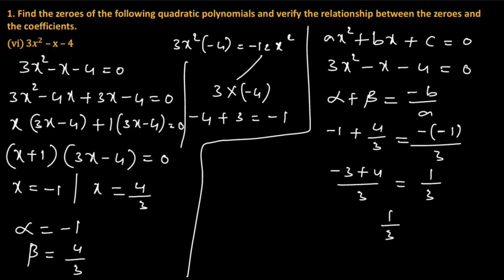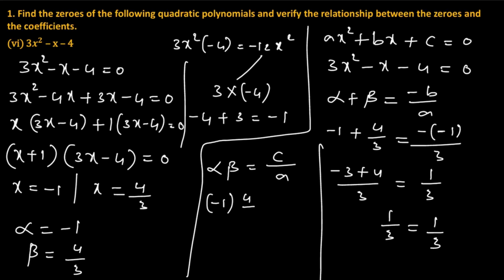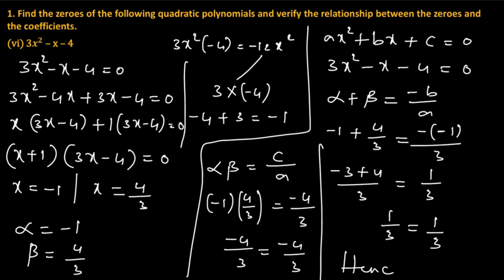So 1 by 3 is equal to 1 by 3. Alpha into beta, the product of the roots, is equal to c by a. Alpha is minus 1, beta is 4 by 3. C is equal to minus 4, a is equal to 3. So minus 4 by 3 is equal to minus 4 by 3. Both are verified, hence proved.